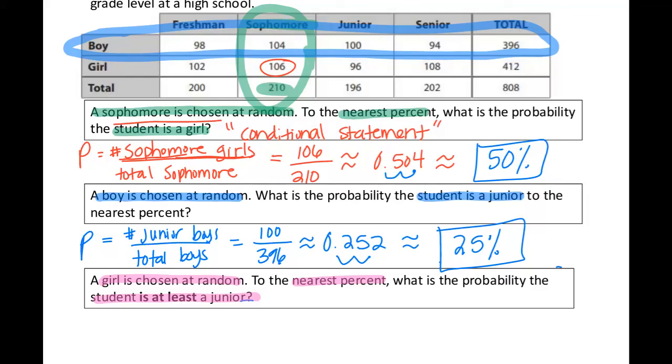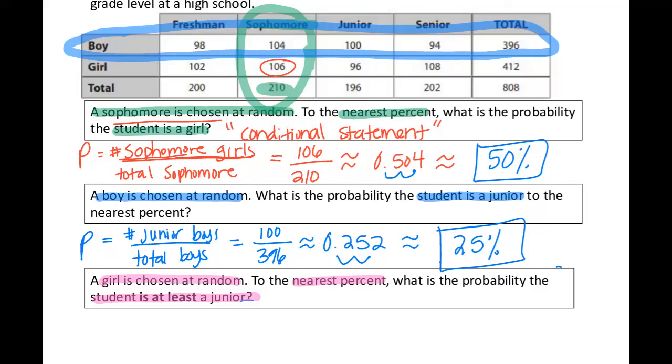Okay, so what does at least a junior mean? What does at least mean? Yes? Juniors and seniors. So at least is like a minimum.